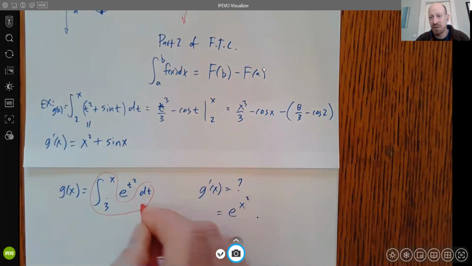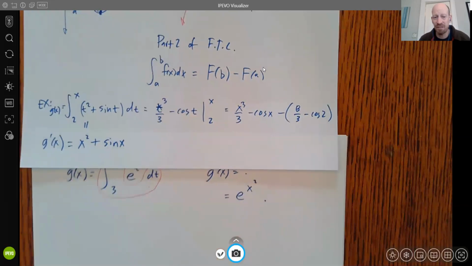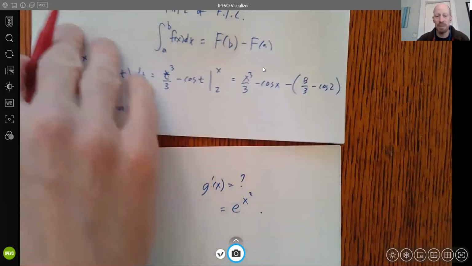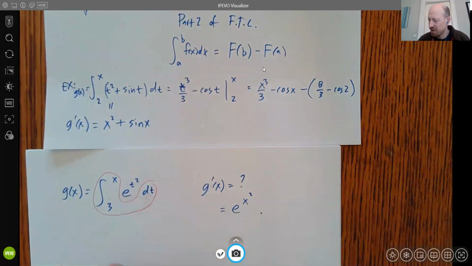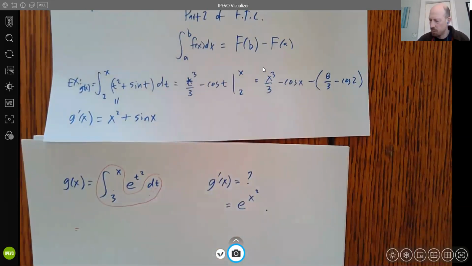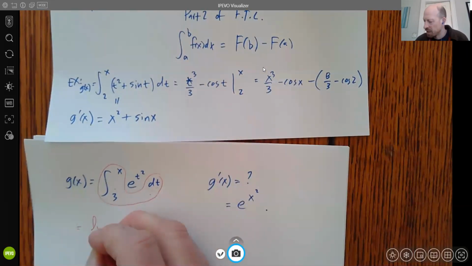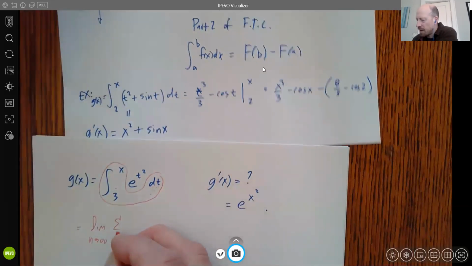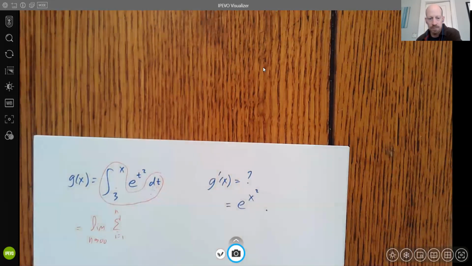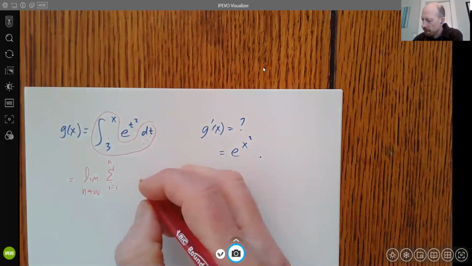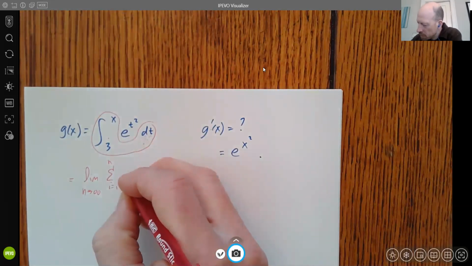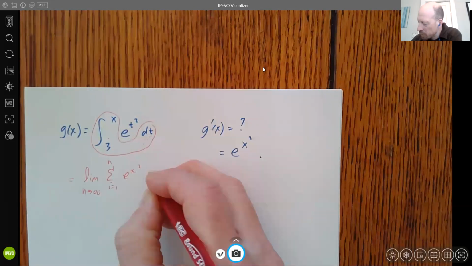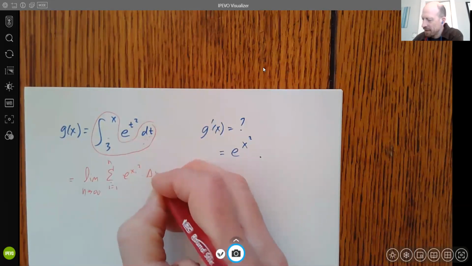And this is what's kind of amazing about the whole process, because remember, this notation is actually equal to the limit as n goes to infinity of the sum from i equals 1 to n of e to the x_i squared times delta x, right?